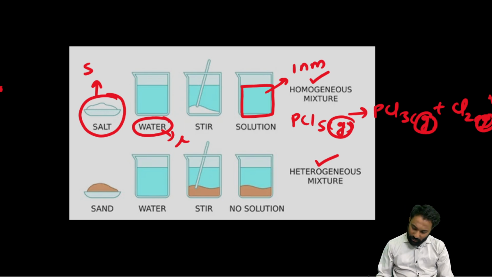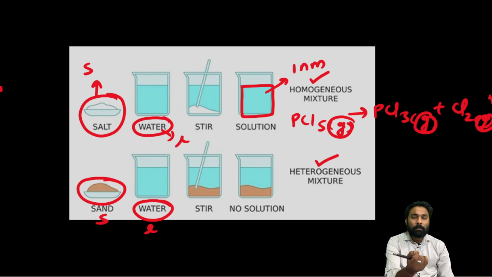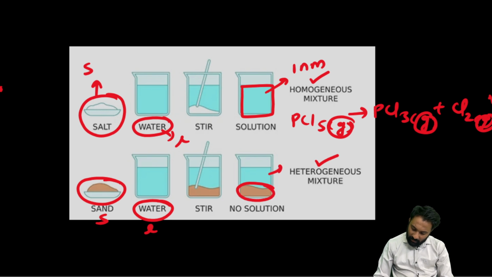Clear? Now comes the case if a heterogeneous mixture is formed. What is the meaning of a heterogeneous mixture? Now you take sand and water. Sand is a solid and water is a liquid. Clear? Now if you add the sand in water and stir it, some part of the sand may dissolve and the remaining will settle down in the solution as a precipitate, right? Water is in the liquid phase and the sand is in the solid phase.